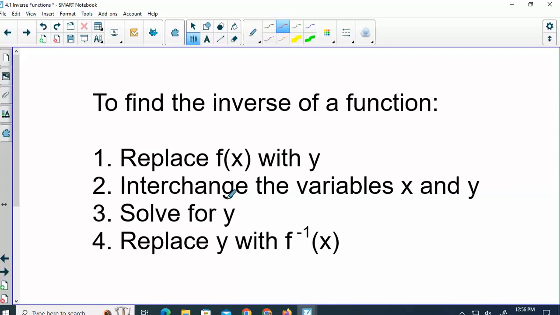So we'll interchange our x and y. Basically, where we see an x, we'll put a y. Where we see a y, we'll put an x. Solve for y, and then the final step, we'll put it back in function notation, but we'll do that f inverse to show that we found the inverse. So these are the 4 steps that we're going to go through. And that's pretty much what we're going to do for the rest of class, is just practice finding those inverses.